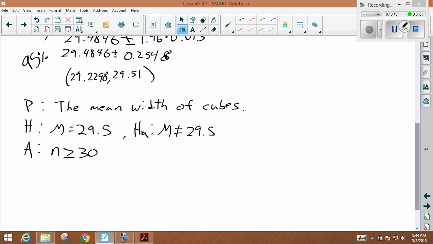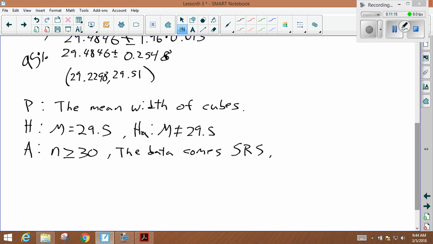Also, the data comes from an SRS. I got excited because we finally had a sample that was greater than 30, so we could skip all the looking at the data and entering it in, right? We could just say, hey, the data comes from an SRS. The sample size is greater than 30.